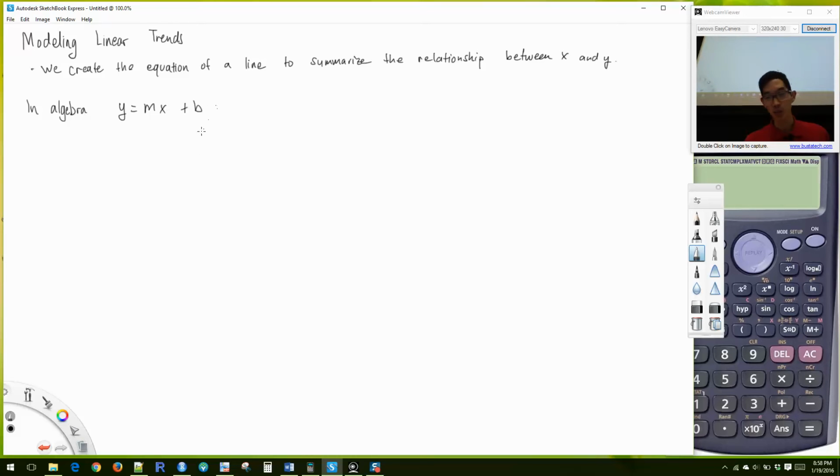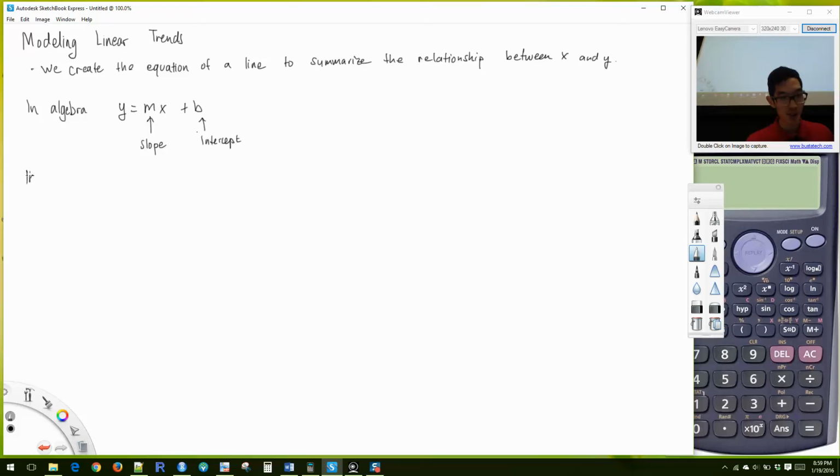And what does m represent? Slope, and b represents the intercept.